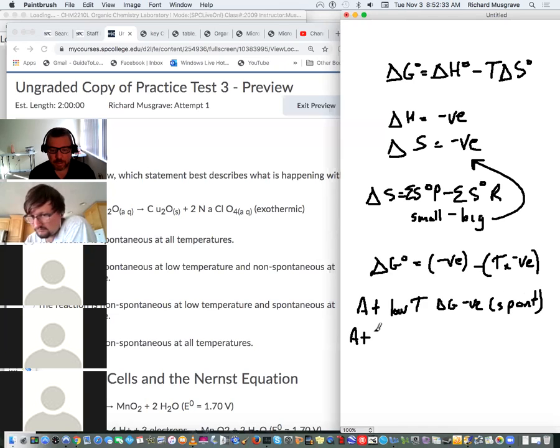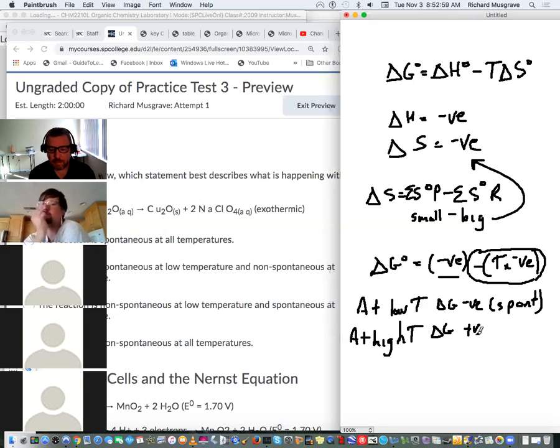At high temperature, I could imagine that this is a negative minus a negative, that this value that I'm circling here could be big enough at some point in order to surpass the negative value for the delta H, and it could make it positive. So at high temperature, delta G can be positive, which would make the reaction non-spontaneous.